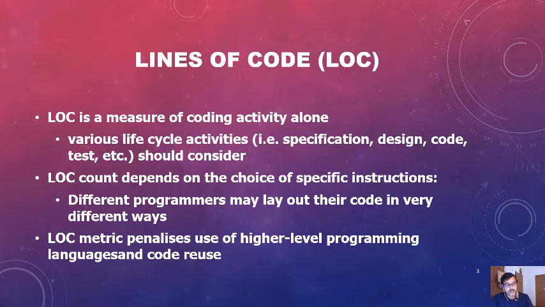Sometimes, suppose you are writing an equation, a is equal to 1 plus 2 plus 3 plus 4 plus 5. You may write this in a single line, or you may write it another way: a is equal to 1 plus b, b is equal to 2 plus c, c is equal to 3 plus d, d is equal to 4. That takes 4 or 5 lines, while the previous one takes a single line.